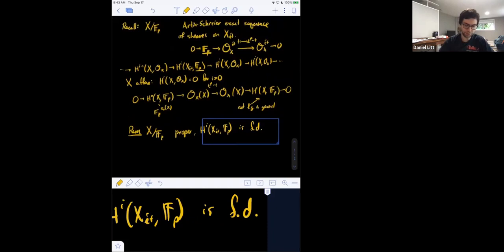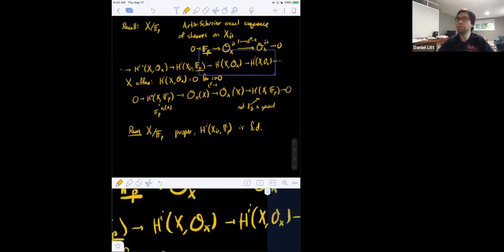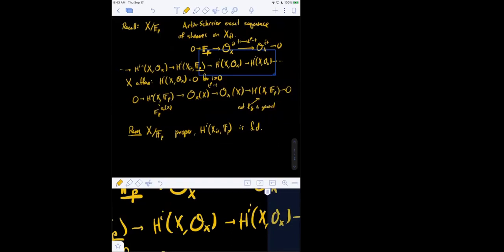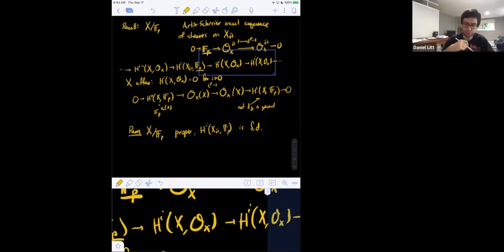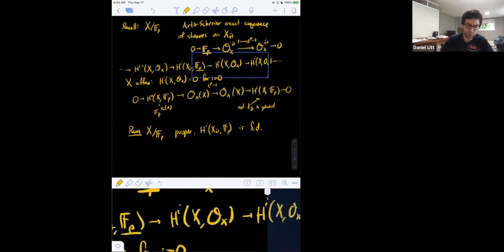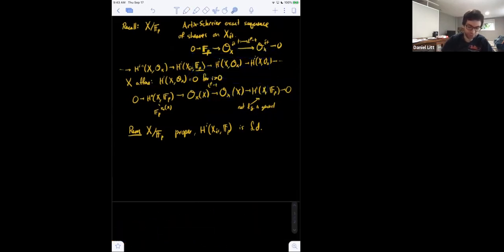Well, so I claim it follows from this exact sequence. Because H^i of O_X is finite dimensional. Yeah, exactly. So by coherence of proper push forward, what we've done is we've sandwiched these terms we're interested in between some finite dimensional things.